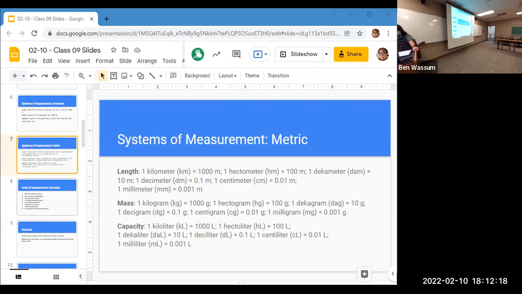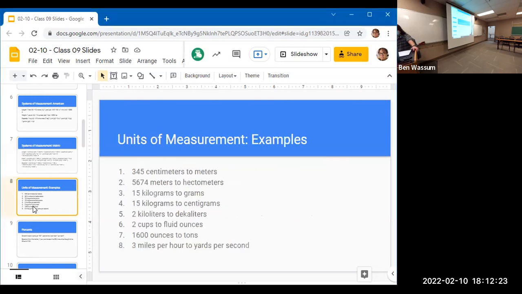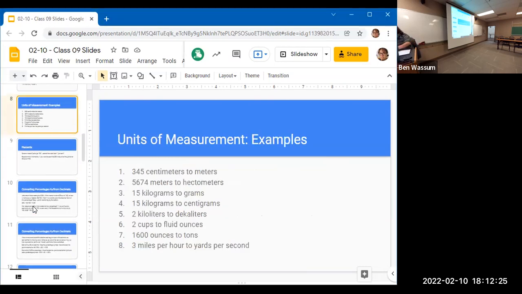So of course I made a bunch of examples, because why wouldn't I? But once we're past these short 8 problems, we can jump into percentages.